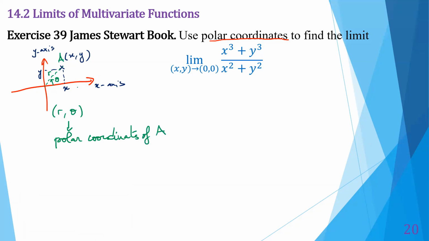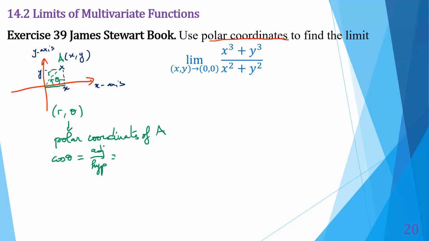Okay, and what is the relation between the Cartesian coordinates and the polar coordinates? Here, for example, we can use the right triangle. We know that cosine theta is, what is the formula for cosine? It's adjacent over hypotenuse, if you remember this.